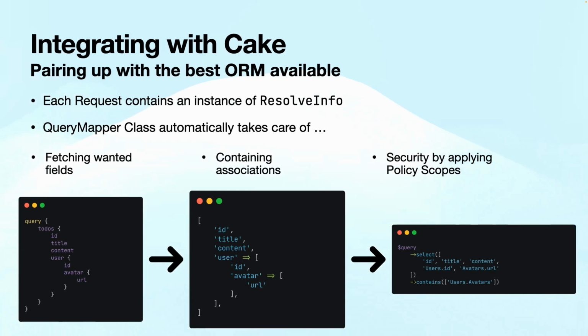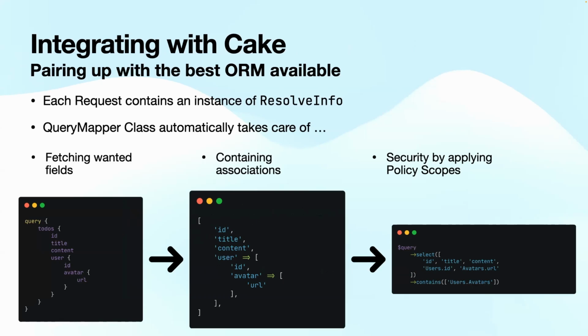And it will also contain the contains. And actually, this is still secure because we're using the authorization plugin of CakePHP. You could use something else, but we have a deep integration with that currently that applies an authorization scope for every contain and for the top query when you put it through this mapper, so that the user can only query stuff that he is allowed to see, at least according to the scopes.